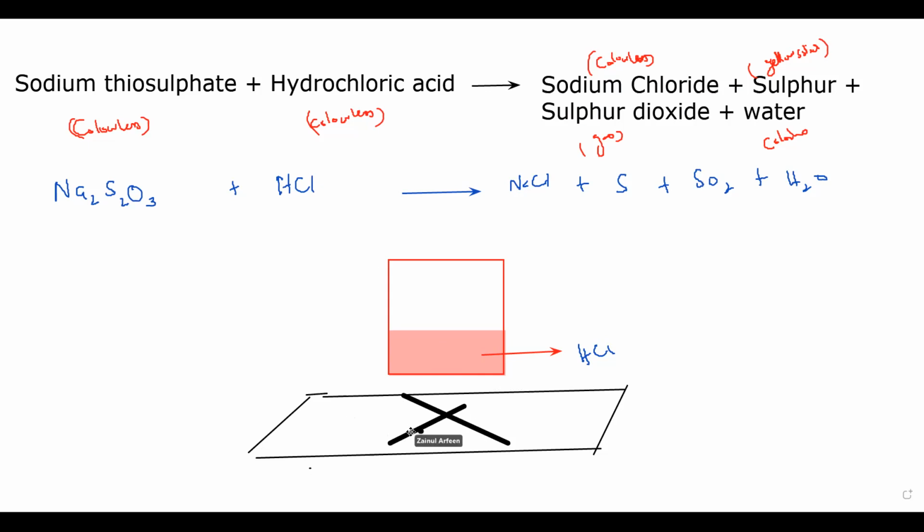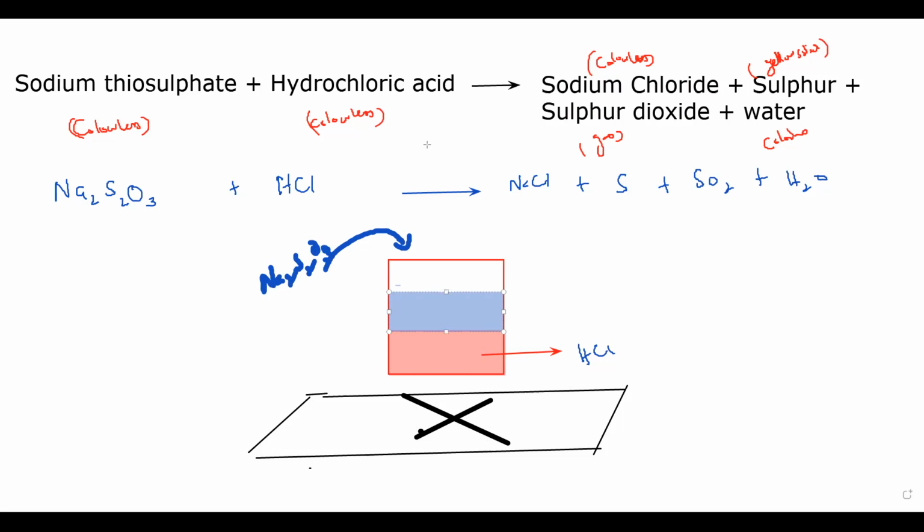Now what will happen? First we have HCl. To this HCl, what do we add? We add sodium thiosulfate, Na2S2O3. The moment we mix them, both are colorless. I'm using different colors to explain the idea, but both are colorless solutions.